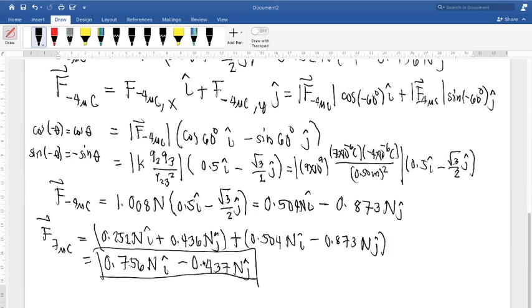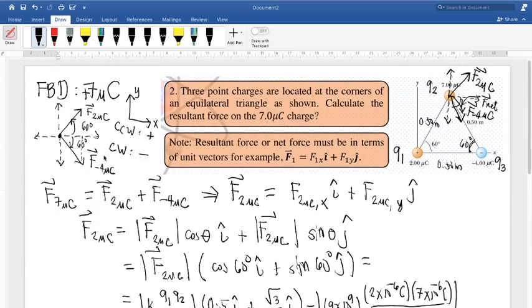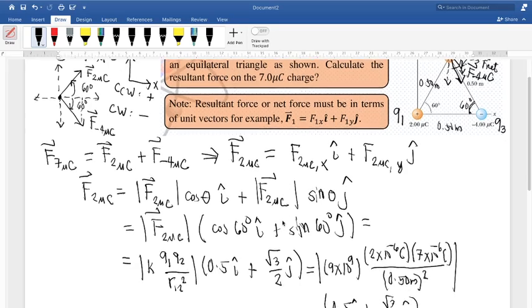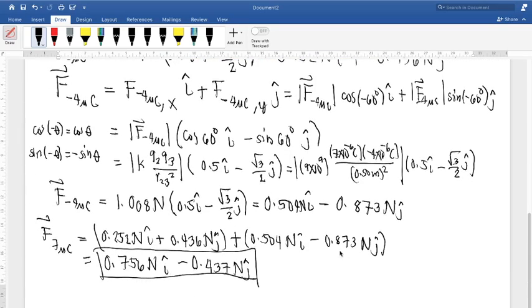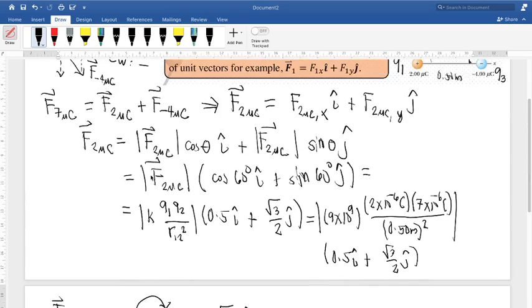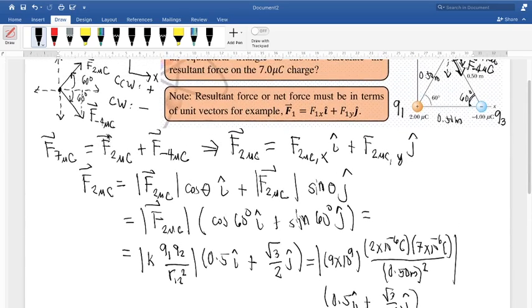Please look also at the force exerted by the 2 microcoulomb. They are both positive because the force is actually in quadrant 1, so the x and y components must both be positive. Now for the force exerted by the negative 4 microcoulomb, we have a positive x component but a negative y component, because that force is in quadrant 4.